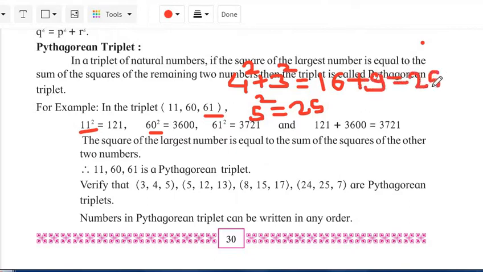Now suppose this is 1 and this is 2. Then we have to write from 1 and 2: 5 square is equal to 3 square plus 4 square.